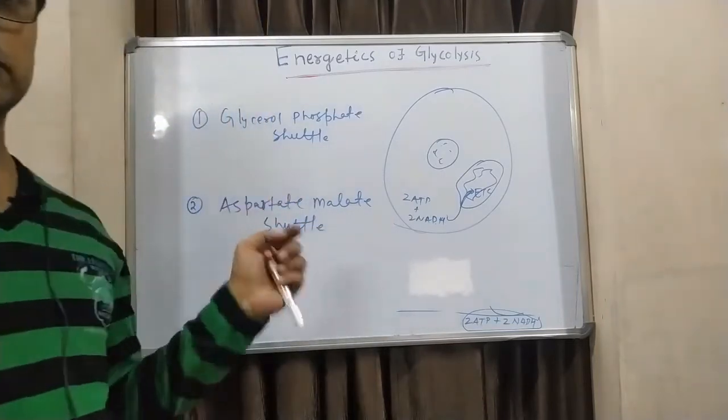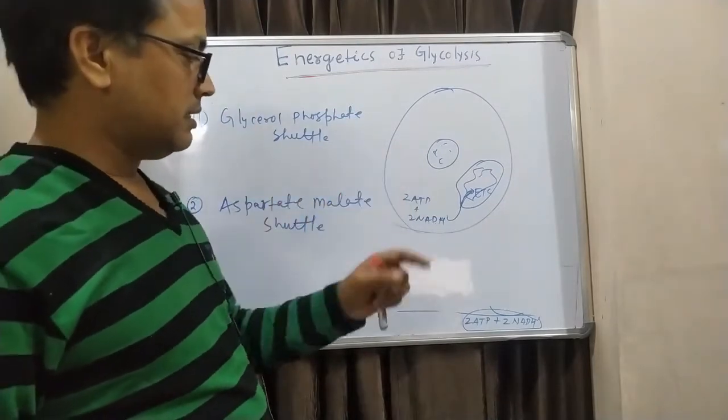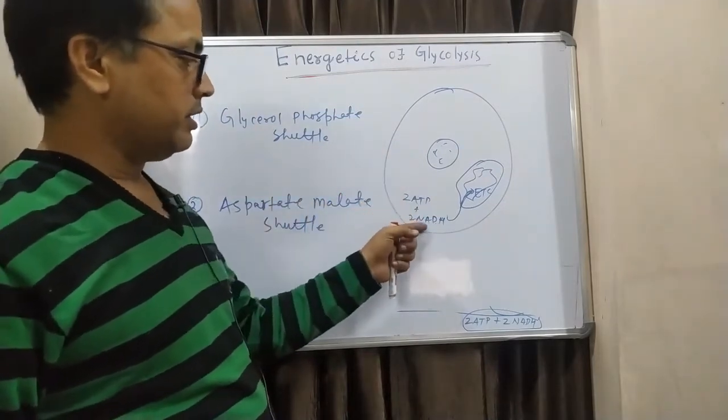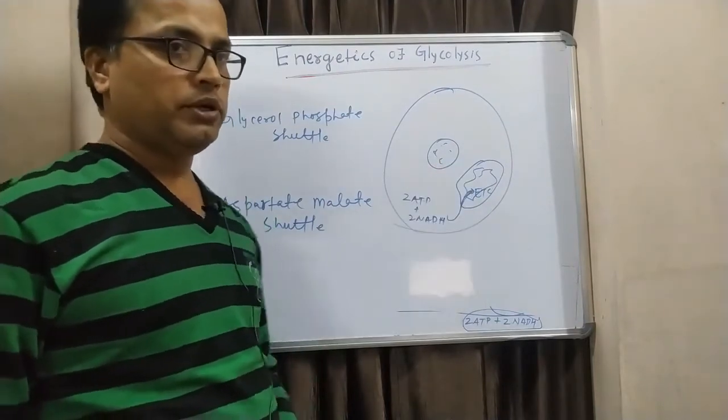These are the 2 shuttle systems normally present in our cells, by which NADH produced in the cytoplasm will reach the mitochondria.